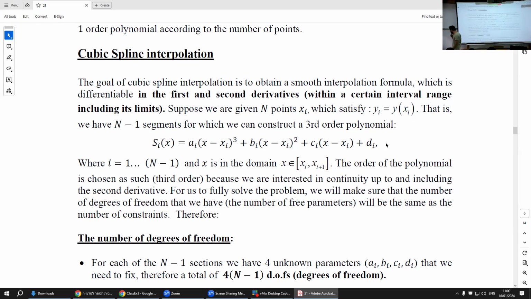So we also demand that the first derivatives are continuous and the second derivatives. So we demand that Si prime at xi plus 1 equals Si plus 1 prime at xi plus 1. That's the first derivative, and the second derivative also to be continuous.